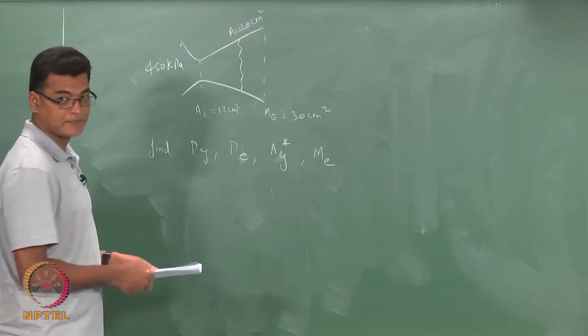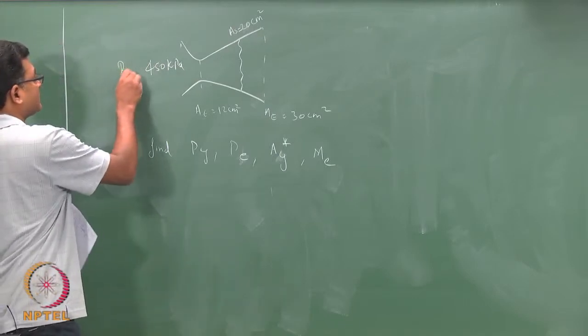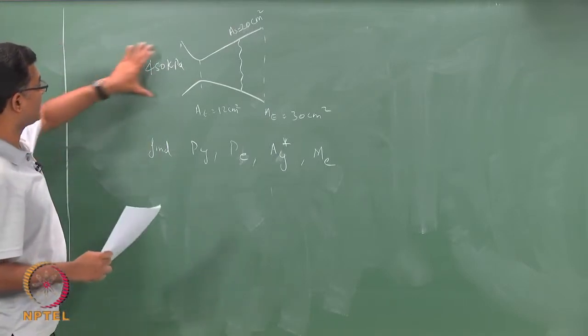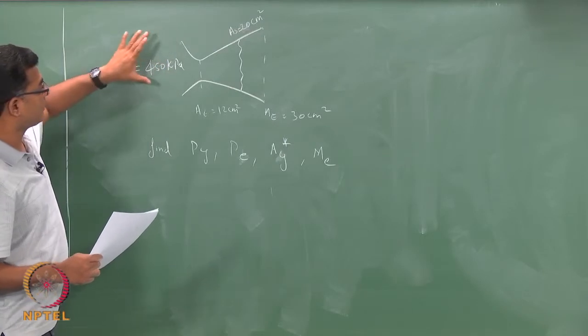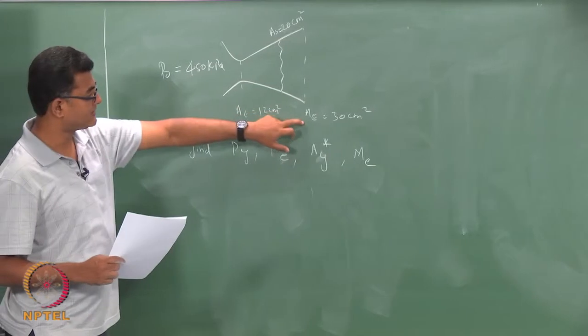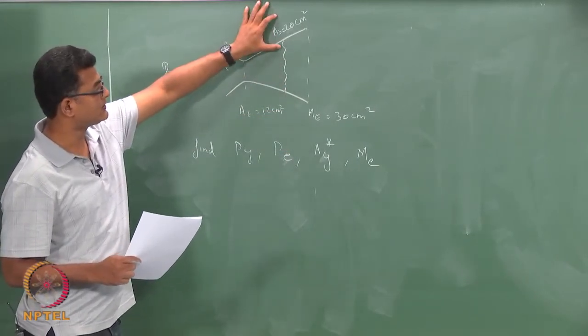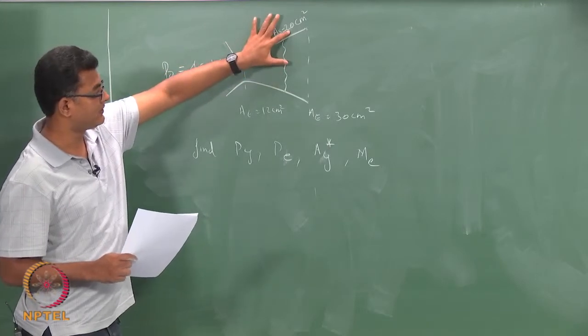Okay. So, I have a nozzle, there is a P0 that is being supplied. So, you have a P0, the nozzle comes, the throat area is given, exit area is given, and there is a shock that is sitting at a location where the area is 20 centimeter square.